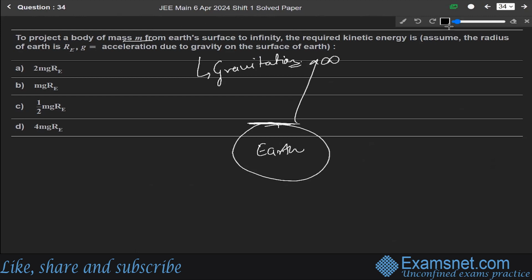Okay, let us say this is infinity. The required kinetic energy. Okay, so we know that for this the kinetic energy half mv square will be equal to the escape energy GMm over RE. And we know that g is equal to GM over RE square.